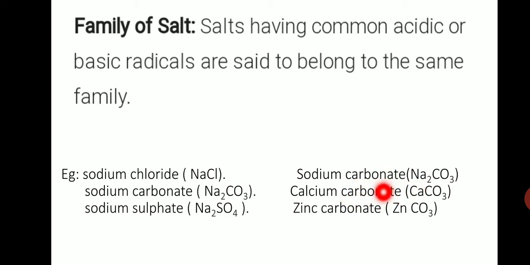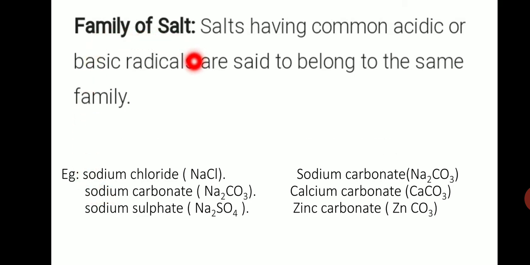That means the negative ions are the same. So we can call these grouped in one family. Which family? Carbonate family. This is a sodium family. This is a carbonate family, or we can call them carbonate salts. Here, sodium salts. So this is called a family of salts.